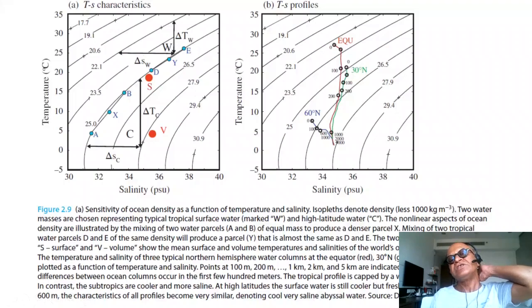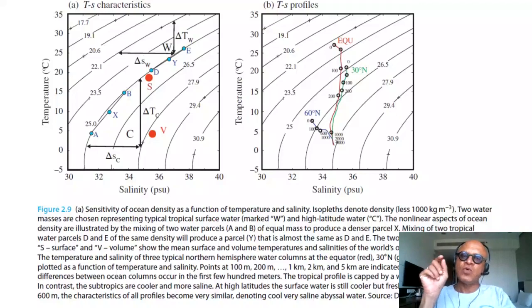The density of pure water is 1,000 kilograms per meter cube, and the density of ocean water, when you add salinity, is going to be slightly above it. So the density is typically expressed as sigma, where you take out the 1,000 and just leave what is above 1,000. So that's what is being shown here.